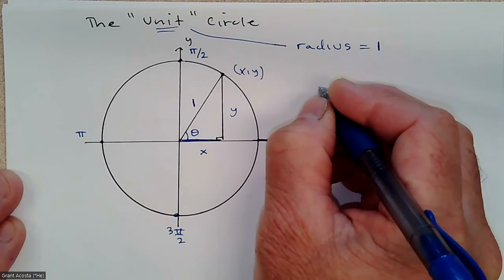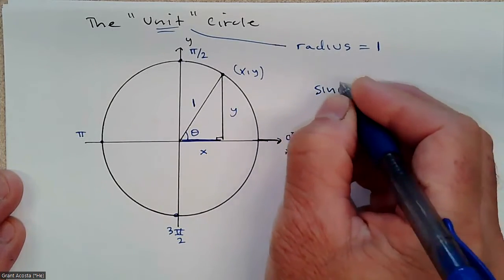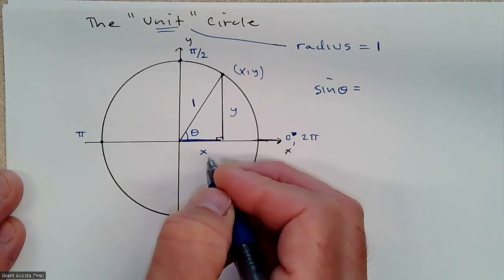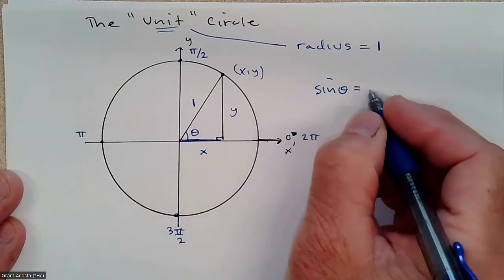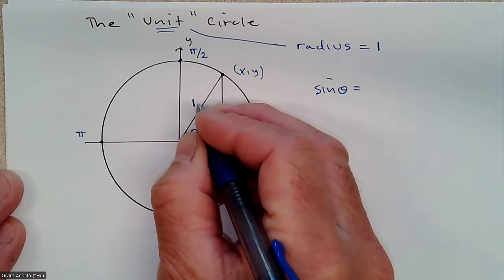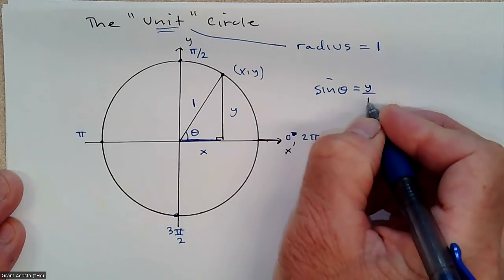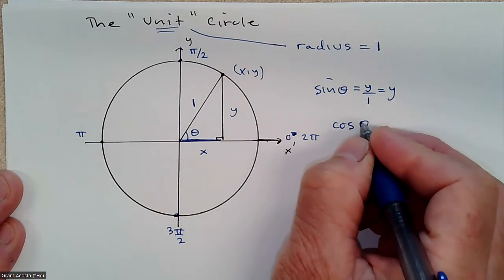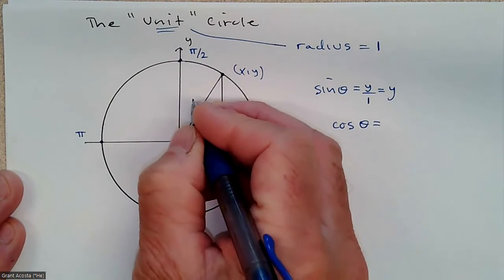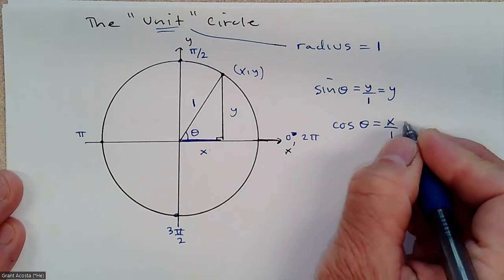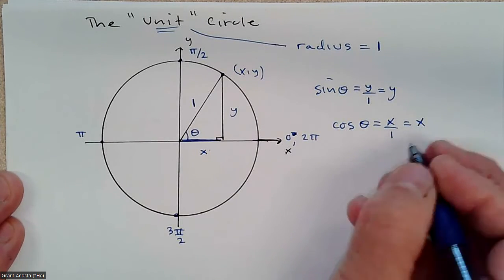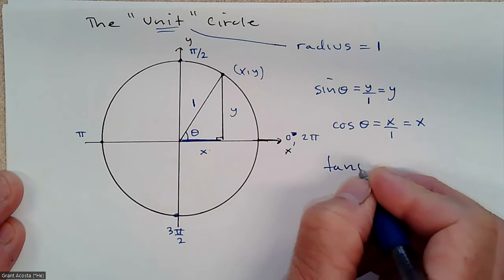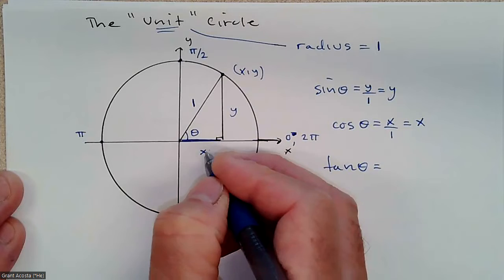If I now use my definitions, so if I said, what's the sine of theta in terms of x, y, and 1, the sine is opposite over hypotenuse, y over 1, which is just y. The cosine is adjacent over hypotenuse, x over 1, which is just x, and the tangent of theta is y over x.